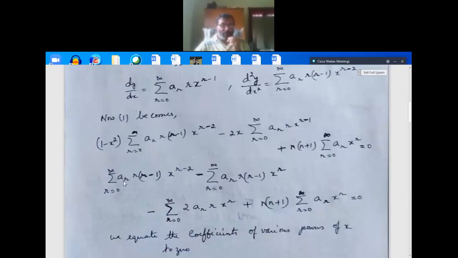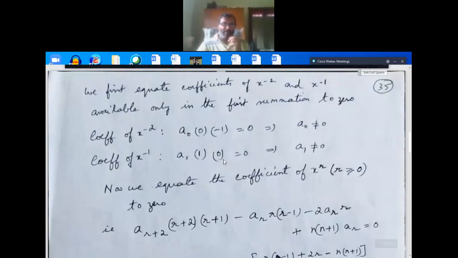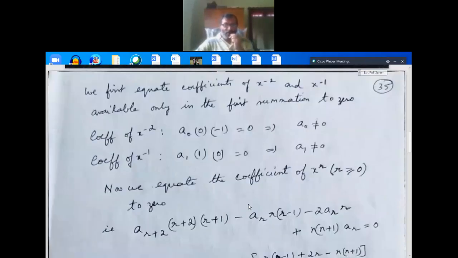So a1 into 1 into 1 minus 1, which is 0. And on the right hand side, all terms are zeros. So even if a1 is not equal to 0, this condition is satisfied. Very clearly we come to the conclusion that a naught is not equal to 0 and a1 is not equal to 0.